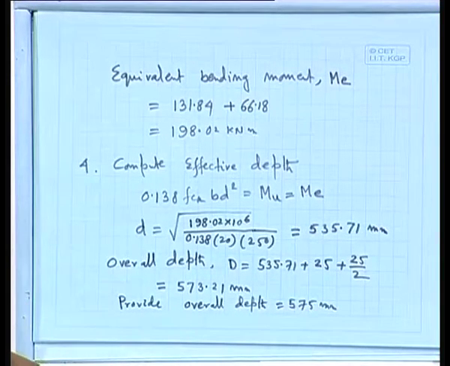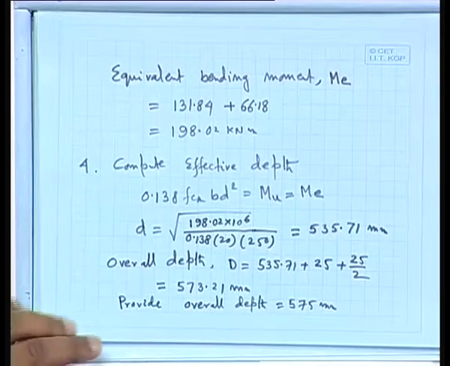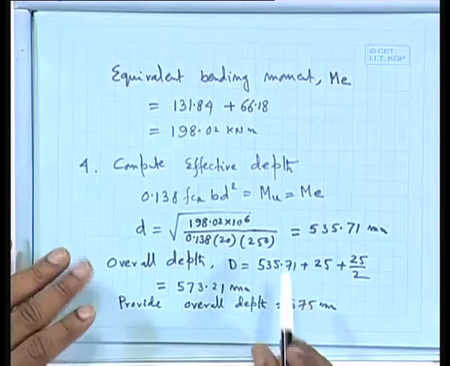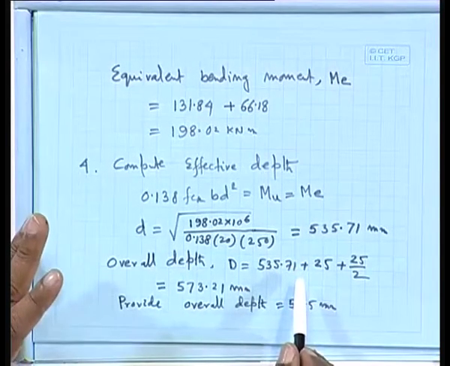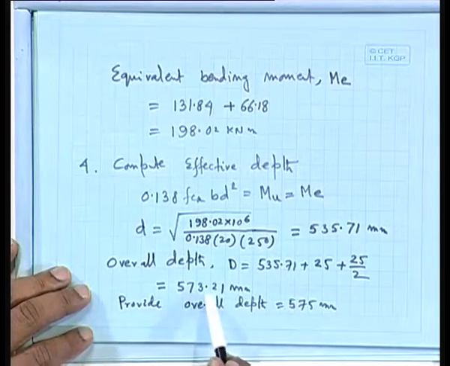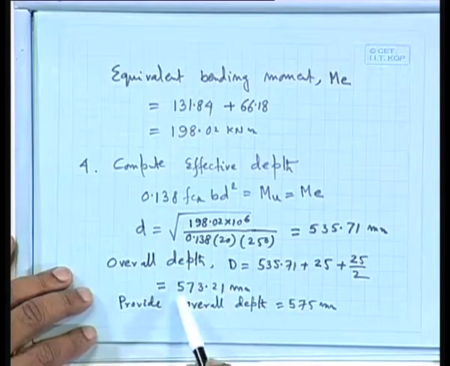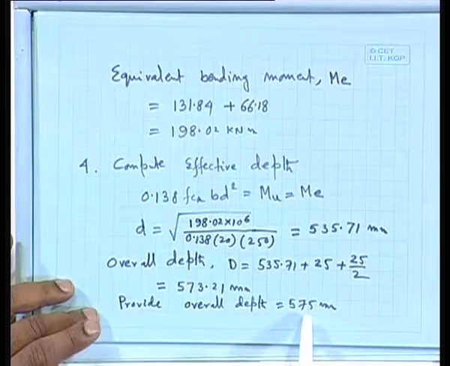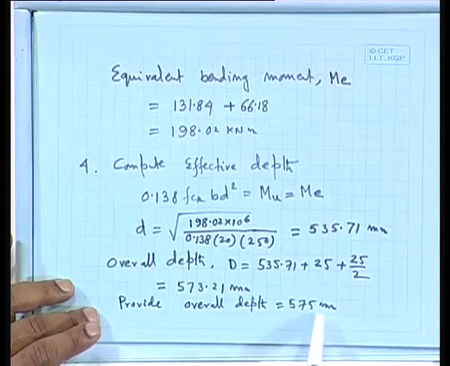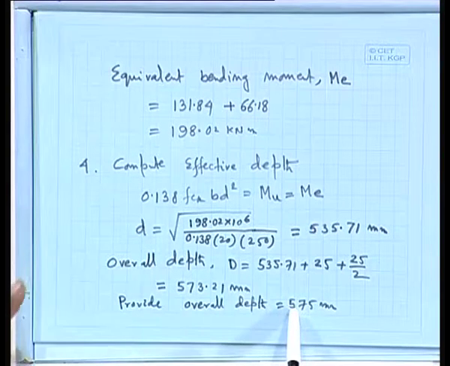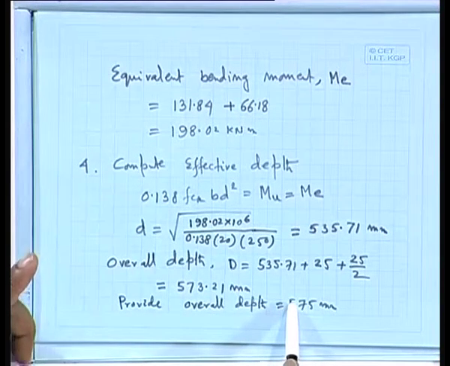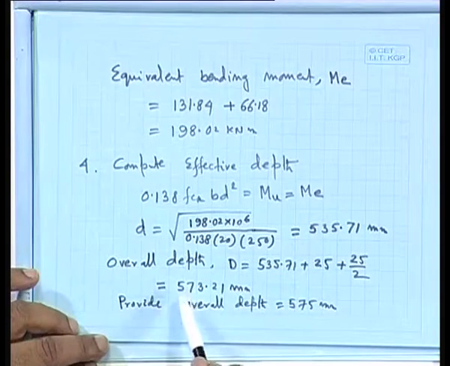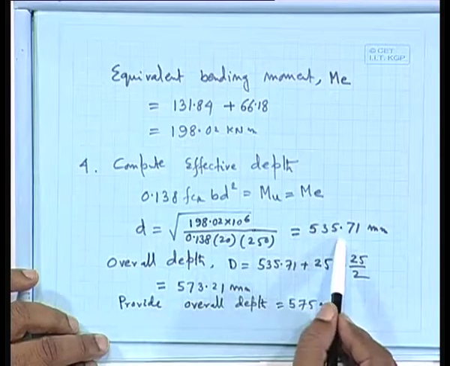We have come to a problem. The problem is that we have taken the self weight as 500 millimeter, breadth width of the beam that is 250 millimeter, 573.21 millimeter, that is the overall depth to be provided. So we are really in a marginal situation, 575 millimeter. So we do not know whether, due to the self weight, we shall still be on the safer side, because of that 535.71.